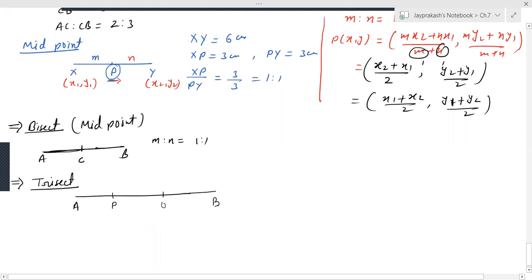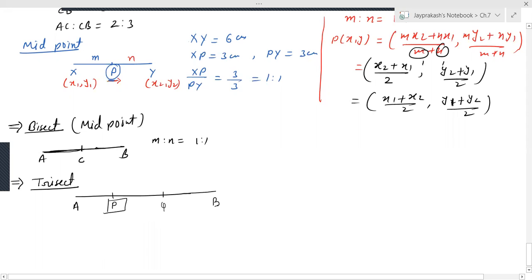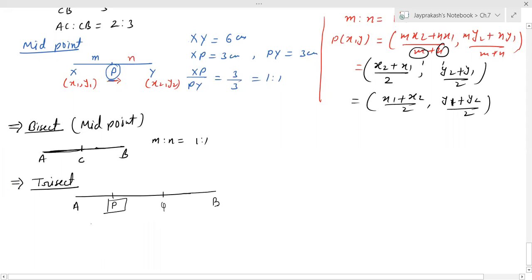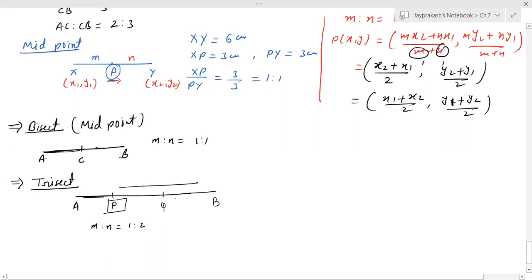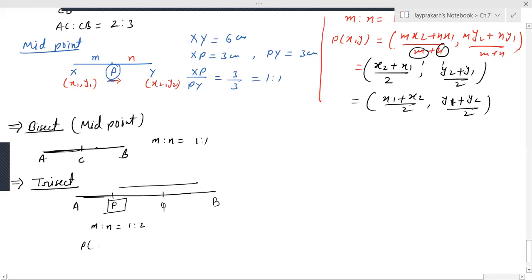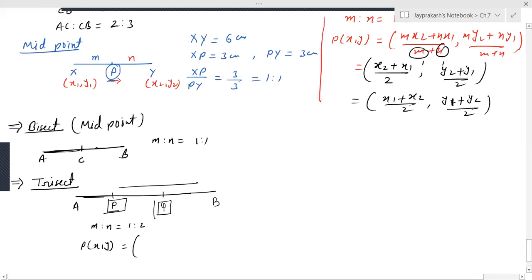Now what will we do here: we will find the coordinate of P by using the section formula. Suppose it is given that P divides in the ratio of 1 is to 2. Means this portion is 1 and this side portion is 2. So by using this we can apply the section formula to find the coordinate of P. When we get P, now we have to find the point Q.